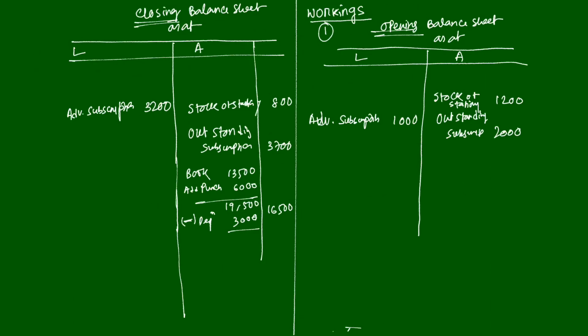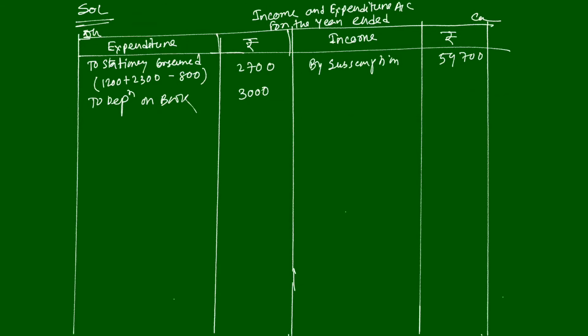In your opening balance sheet that opening balance will be written 13,500. Nothing else to be written on your opening balance sheet. Only write 13,500, but in your closing balance sheet you write that adjustment part also.